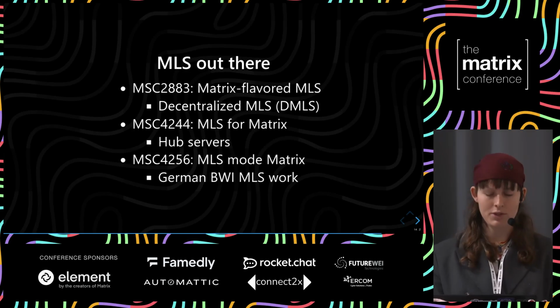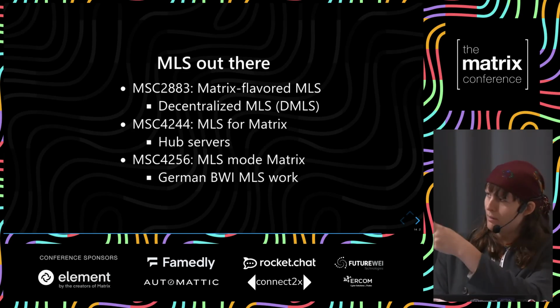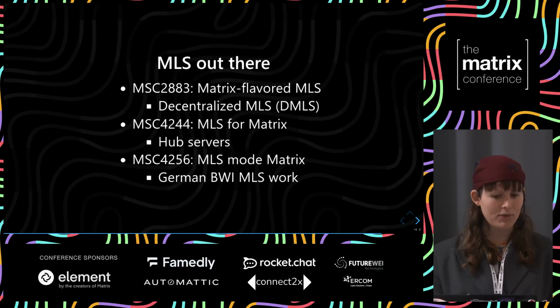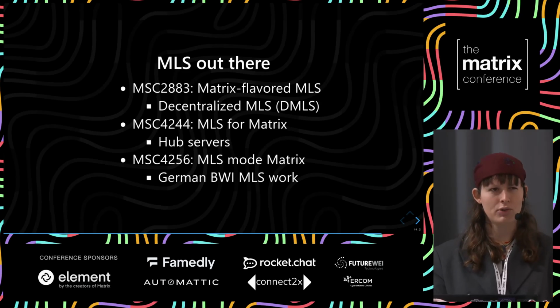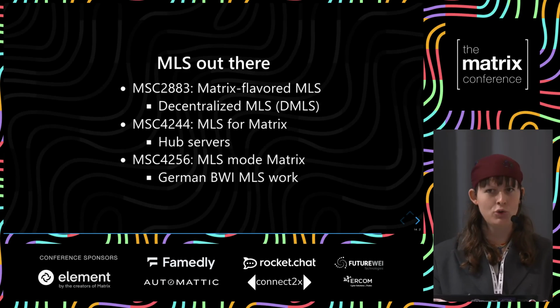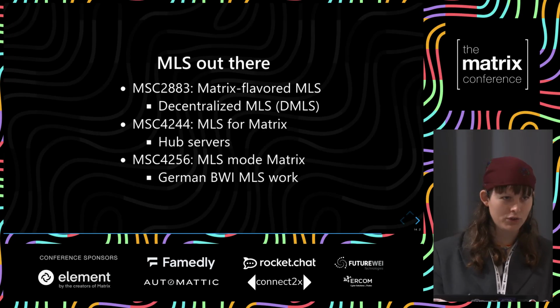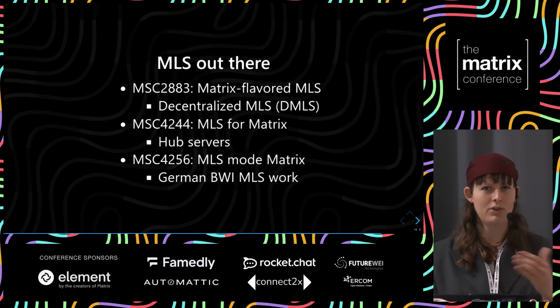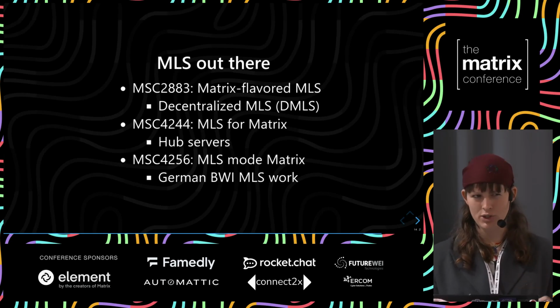The first attempt was in 2023. The second one was in 2024, if I correctly remember. MSC 4244, MLS for Matrix, was a slightly different approach. It introduced hub servers. A hub server is exactly what it sounds like: not decentralized. We have the spirit of wanting decentralization, and we see federation and network partition as a feature.